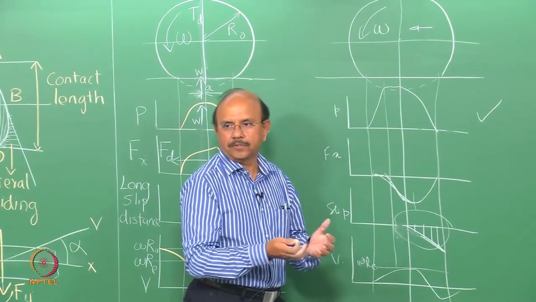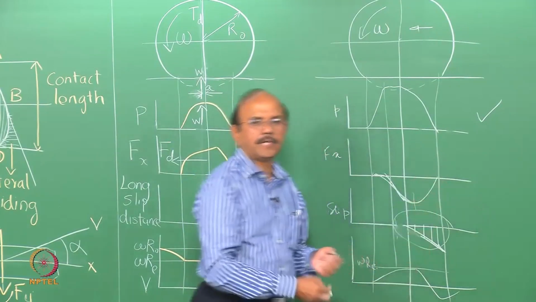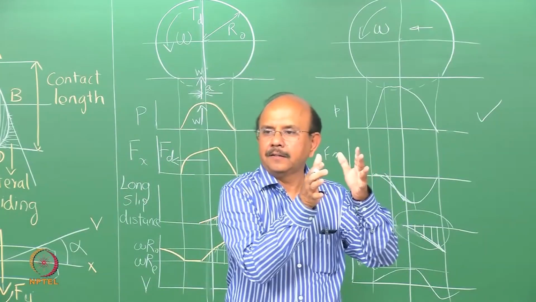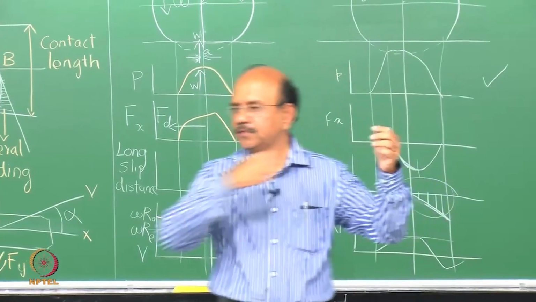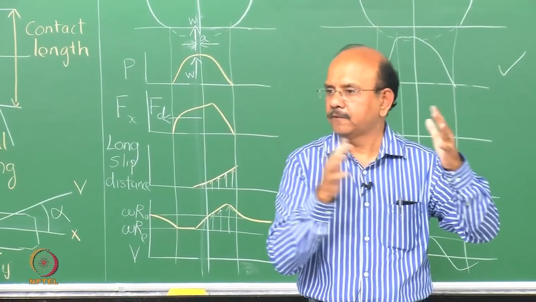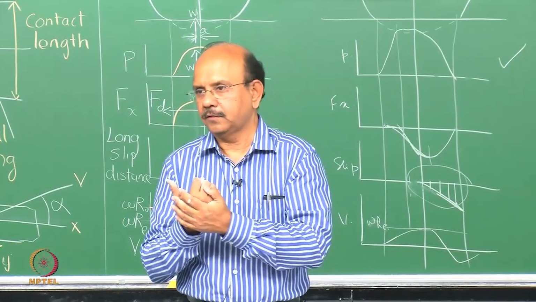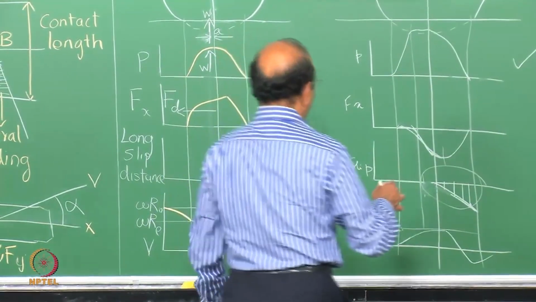When it undergoes a micro slip, the forces start dropping, because micro slip brings the bristles back, and so this elongation now reduces. So, as it happens, there is a drop in the tangential force and so on. Okay. So, that is what happens.